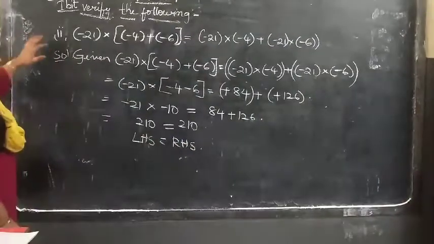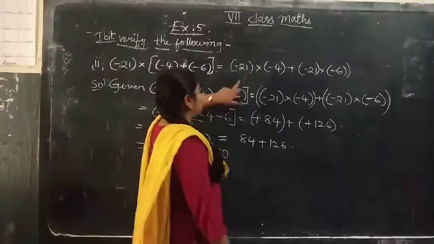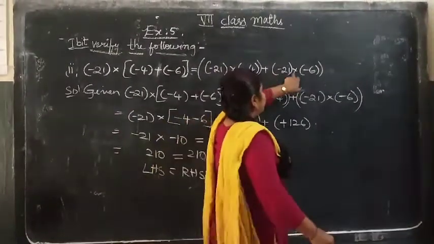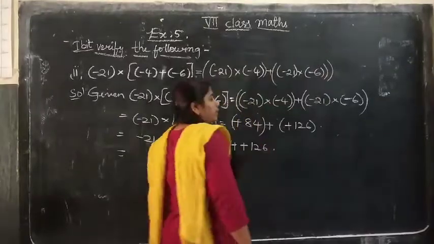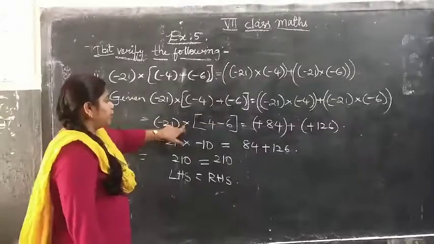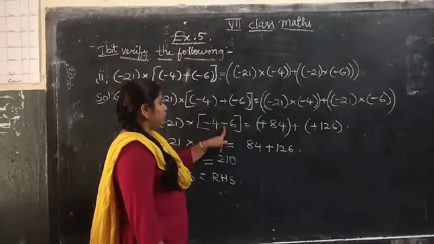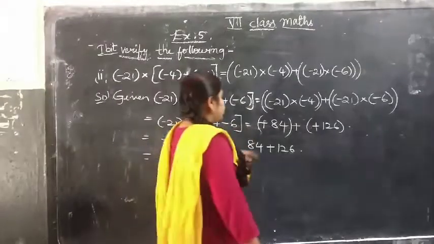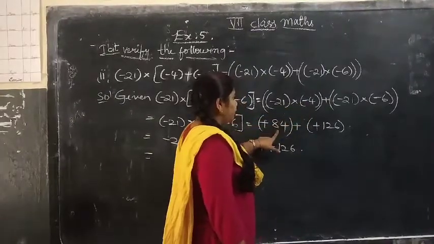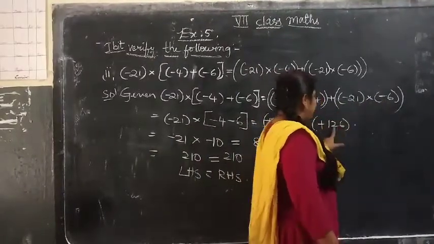Once again you see they have given the question as minus 21 into minus 4 plus of minus 6 is equal to minus 21 into minus 4 plus minus 21 into minus 6. Now we have to verify that the LHS part is equal to the RHS part. So minus 21 I wrote as it is, minus 4 I wrote as it is, plus into minus will be minus 6. Minus into minus is plus, so I wrote plus here, 21 fours are 84, plus minus into minus is plus, 21 sixes are 126.